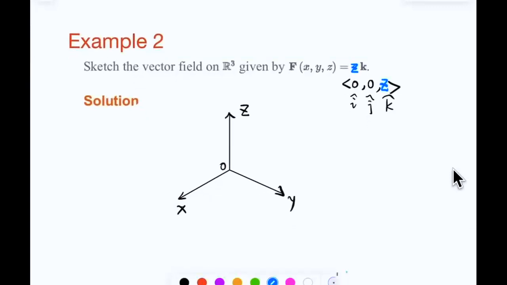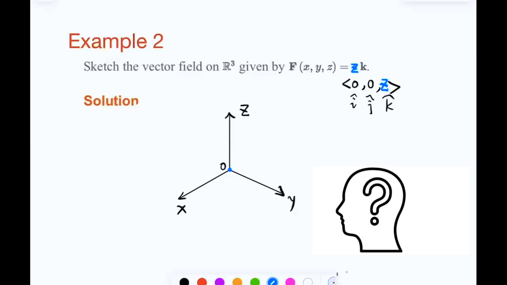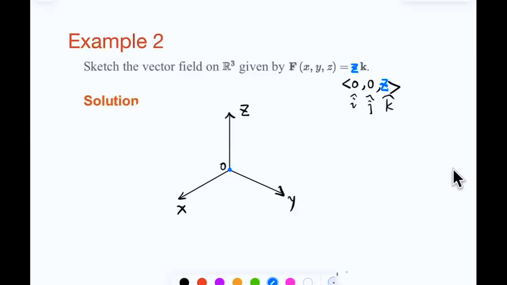What about at the center? What will be the vector associated with that? It will be 0, 0, 0, right? The zero vector. And you see this vector just depends on z.